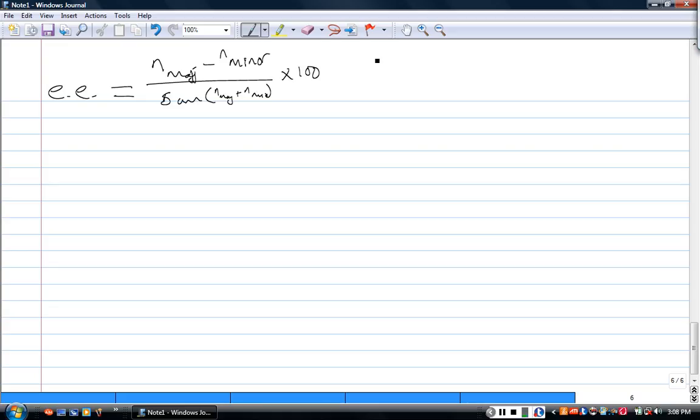So the EE is written as a percentage. So for example, in the case we just talked about, we had a 3-to-1 ratio of A to B. The EE would be 3, because I've got 3 parts of A, minus 1, over 3 plus 1 times 100. So that's going to give you a 50% EE. Right? So it's 2 over 4 times 100, that's 50%.